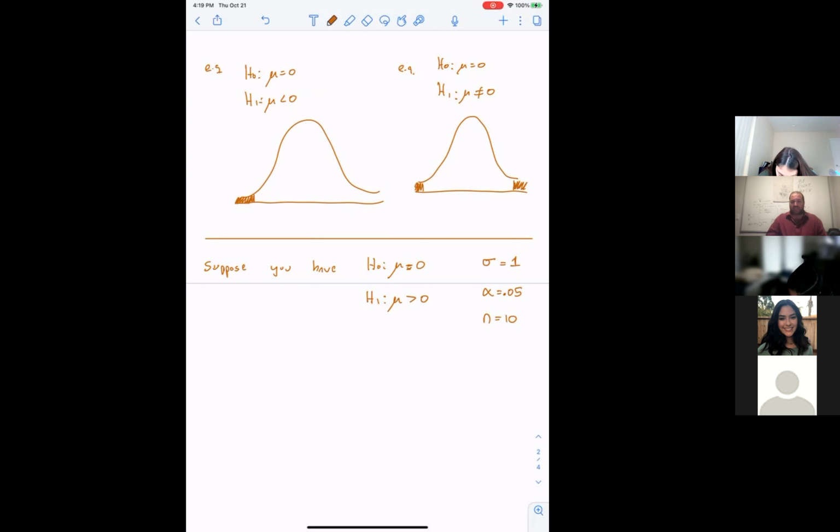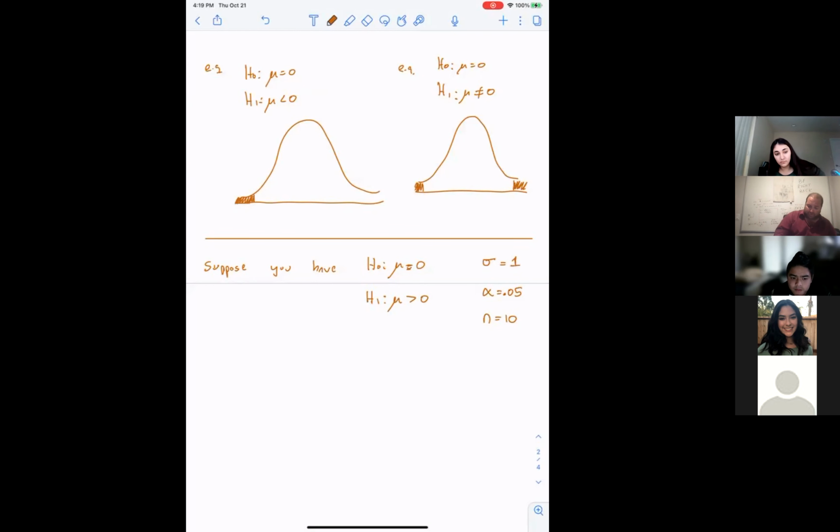Now, in this example, I'm claiming as my alternative that mu is greater than 0, but I'm not specifying what mu is. I'm not saying mu is 0.3. I'm not claiming a specific alternative. I'm just giving you a range. I'm saying I don't know what it is, but it's not 0. It's greater than 0.